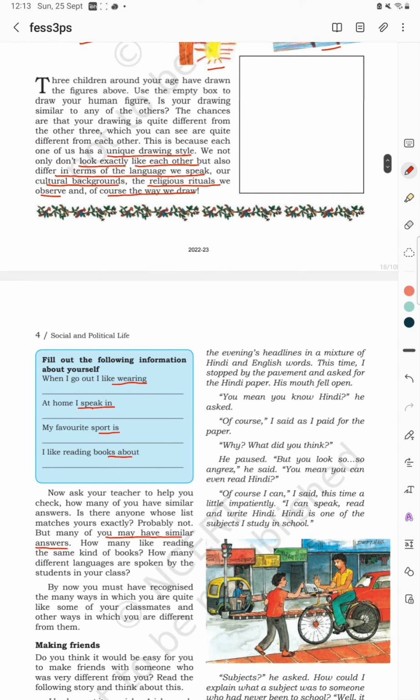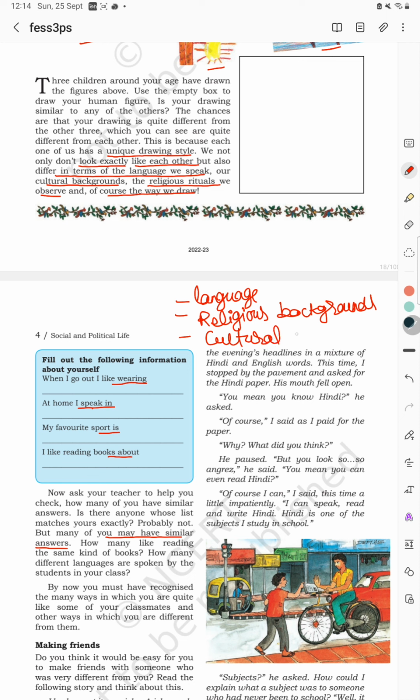In a class, we have learnt about certain aspects. One is language, spoken language, then religious background, then cultural background, and regional background also.